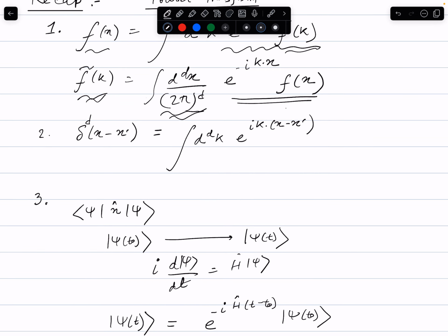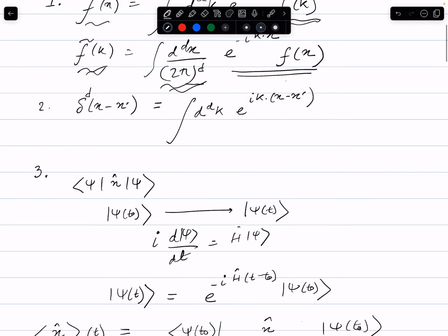Then we also derived this formula, so let me first write it in 1 dimension, for the Dirac delta function. We saw that the Dirac delta function in 1 dimension is just this function. If you integrate it, you will get the Dirac delta.